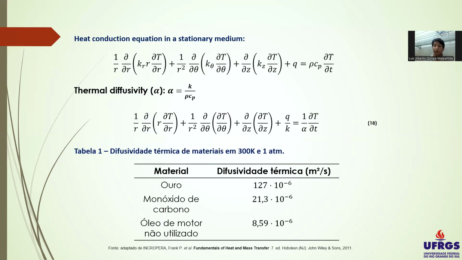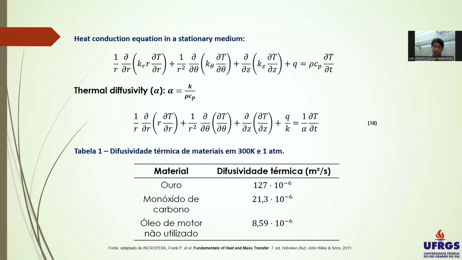In the result obtained from the heat conduction equation, we can observe that the property of thermal diffusivity can be introduced. Thermal diffusivity measures the capacity of the material to conduct thermal energy in relation to its storage capacity. It is represented by the letter alpha and is defined as the ratio between the thermal conductivity and the product of the density of the material and the specific heat capacity, as shown in equation 18.